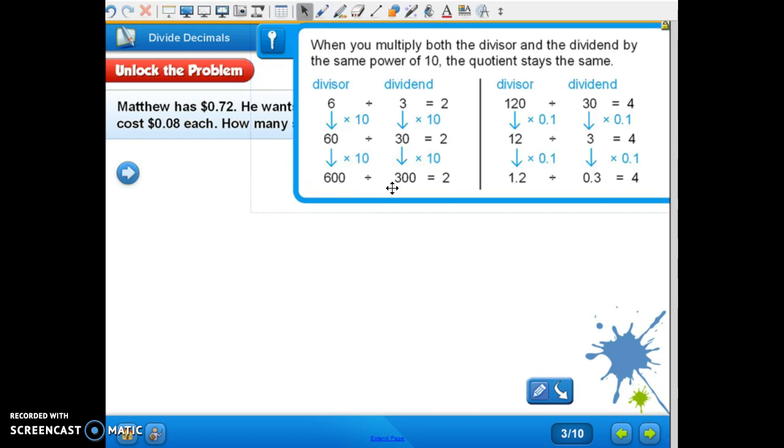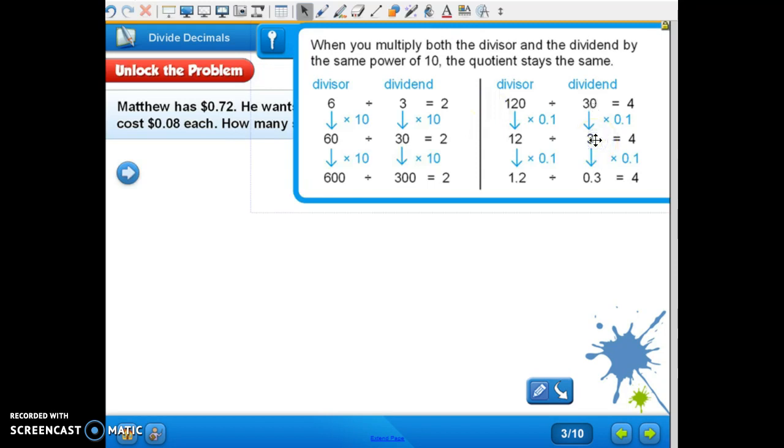Okay? So in this half, I have a dividend of 120, and I'm going to divide that by 30, which gives me 4. Now if I multiply 120 by 1/10, then I'm decreasing my number and I get 12. If I multiply 30 by 1/10, I'm dividing it by 10, right?